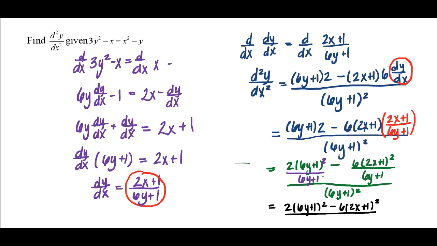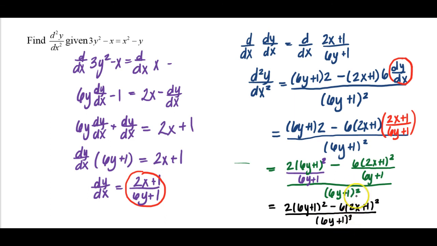Okay, so try to stay with me on this part. The denominator of the fraction in the numerator is 6y plus 1. So when these two fractions come together, their denominator is 6y plus 1. And then there was already a 6y plus 1 squared on the bottom, so there are 3 copies of 6y plus 1 in the denominator.